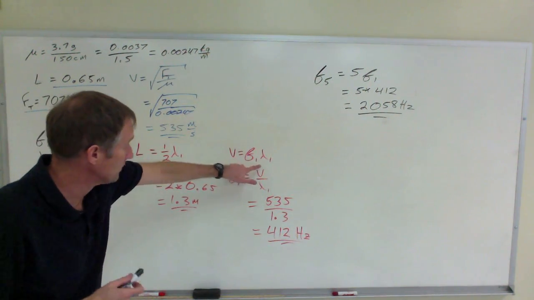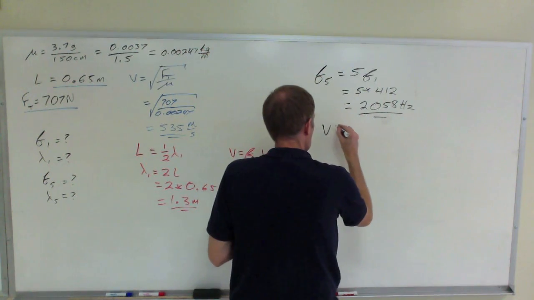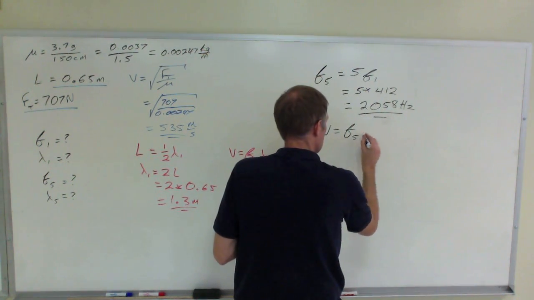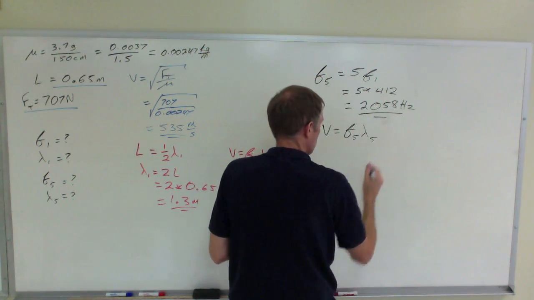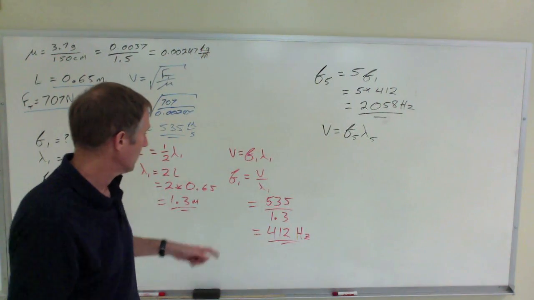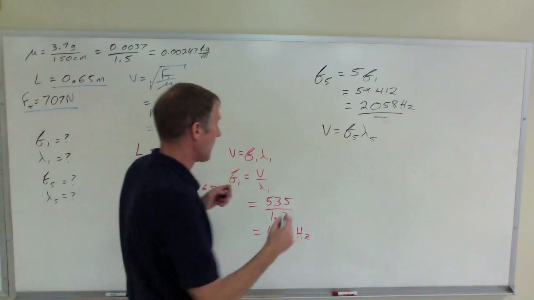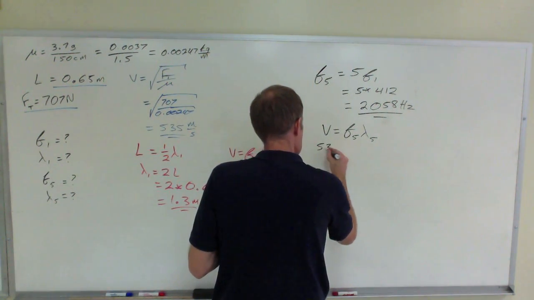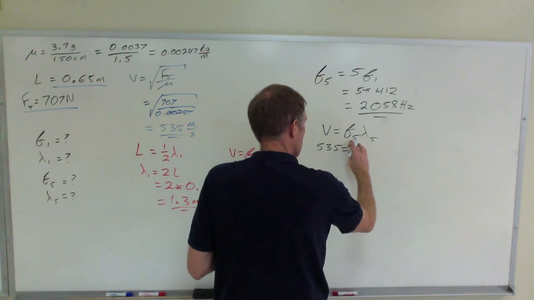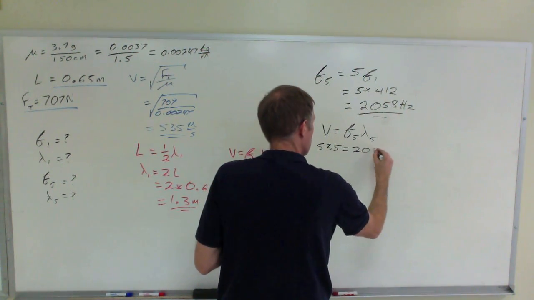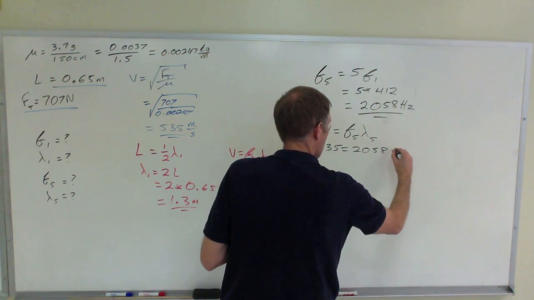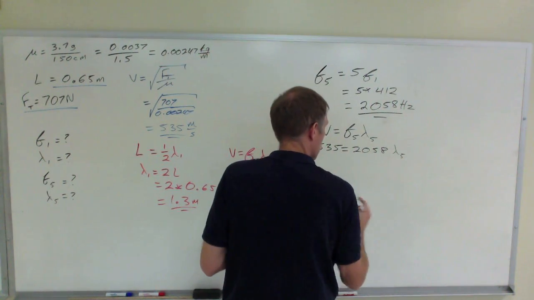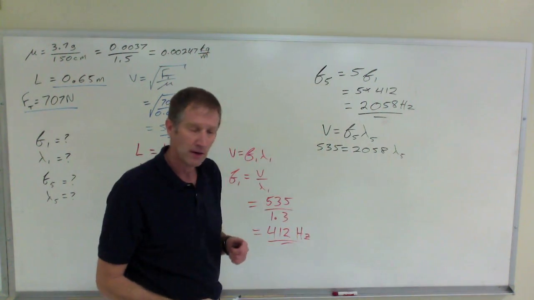So now there are two ways to find the wavelength. I can use V equals f lambda, and that's what I'm going to do here. V equals f5 lambda5, the fifth harmonic times its corresponding wavelength. We know that the speed is 535. We just calculated the frequency as 2,058, and solve for lambda, the wavelength of the fifth harmonic.